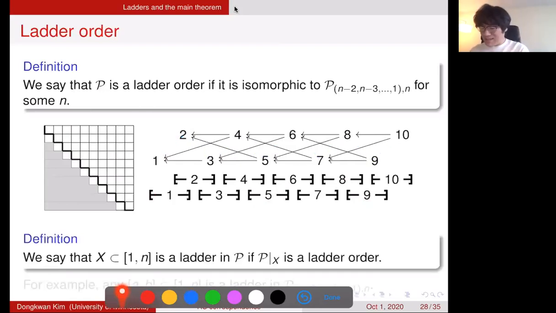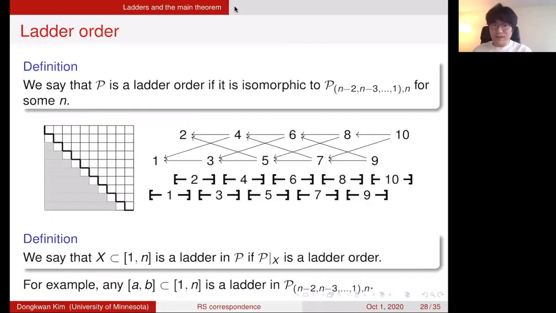And we say that this subset is a ladder if the restriction of your natural interval order to this X is a ladder order. Okay? So, for example, if P is a ladder order, then any connected interval is a ladder.